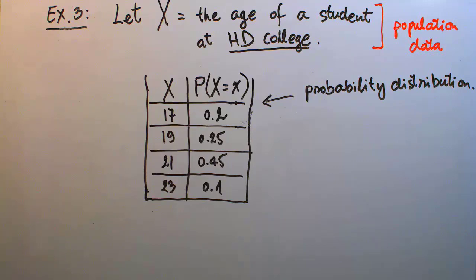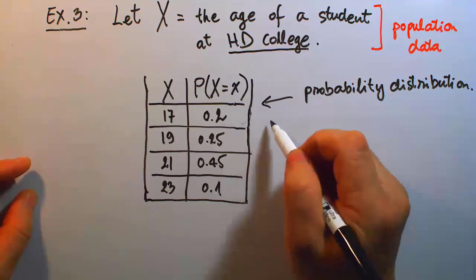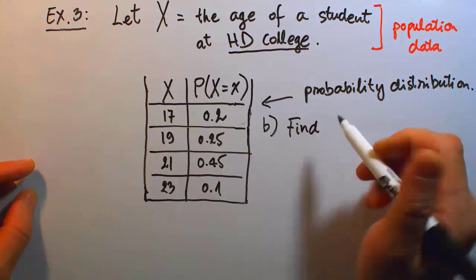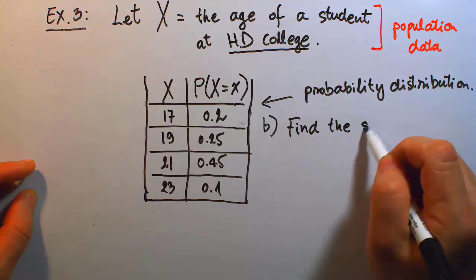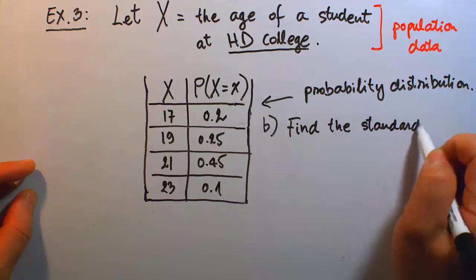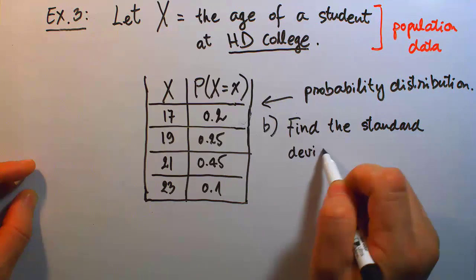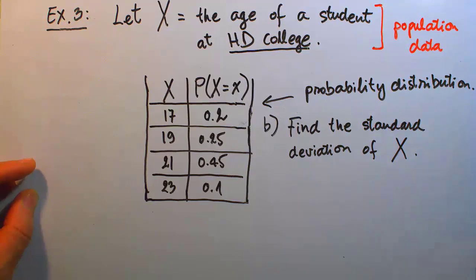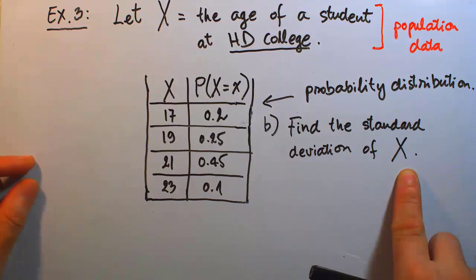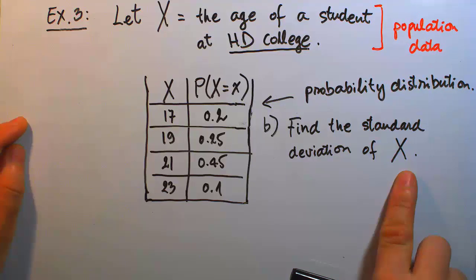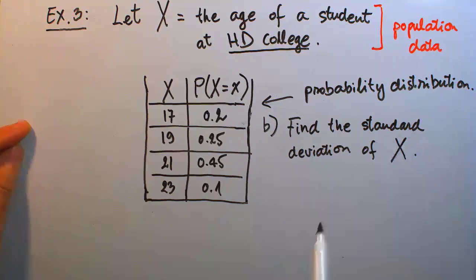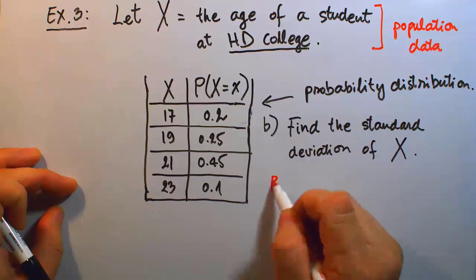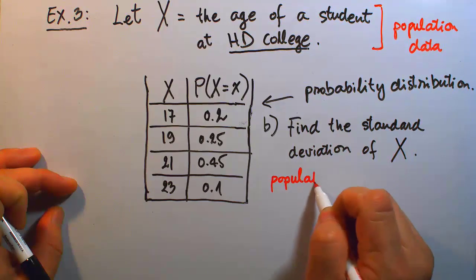All right, and so now we are ready for part B of this same example. Example 3, part B. We would like to find the standard deviation of this data X. This is one gigantic data set, which is simply represented by a random variable X. Once again, I need to remind you that the standard deviation here is intended to be the standard deviation of the entire population, so it's called the population standard deviation.